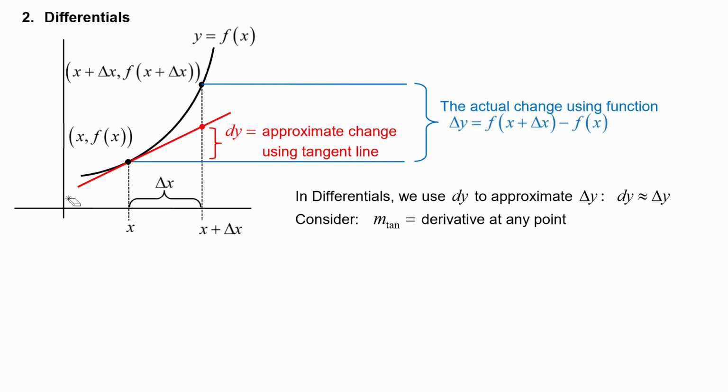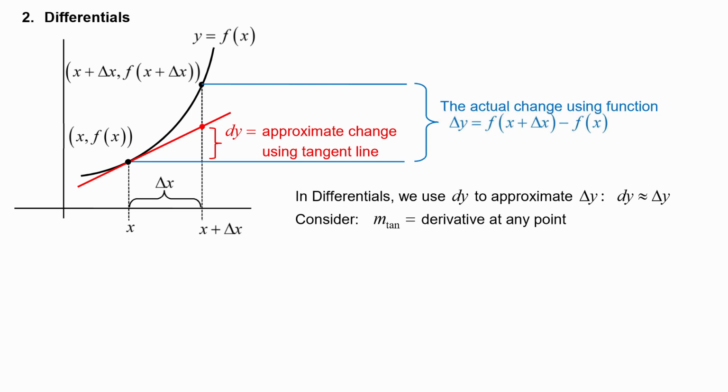Now, consider the tangent line here. We know that it goes through this point, (x, f(x)). We know that it will go over by the same amount as the function's x value goes over.